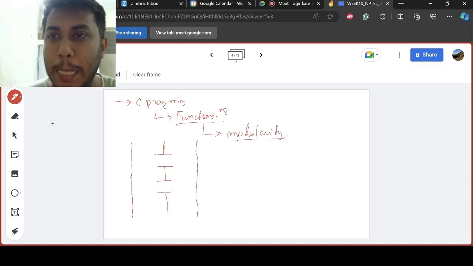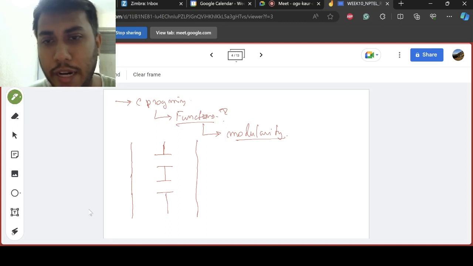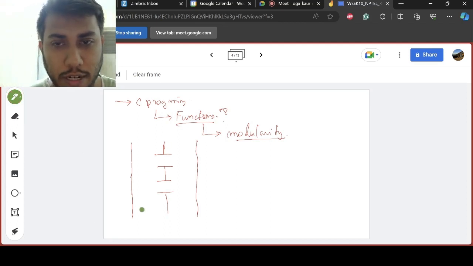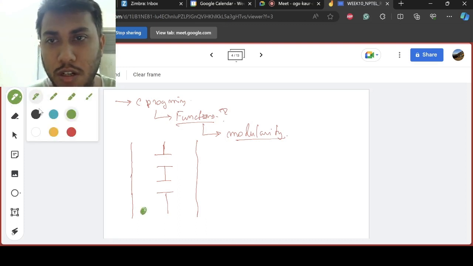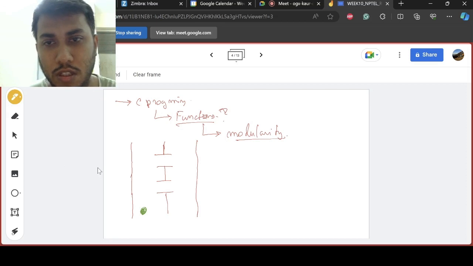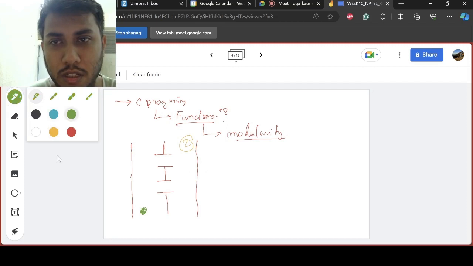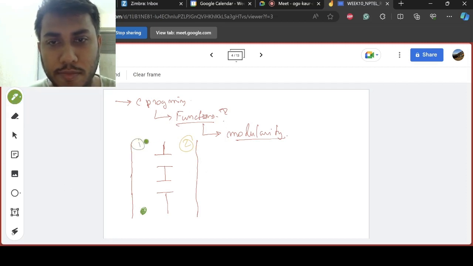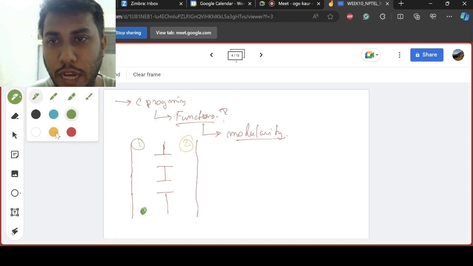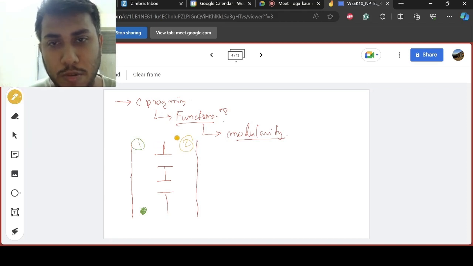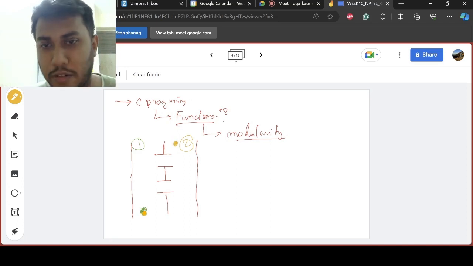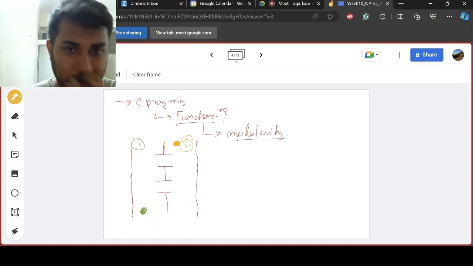Suppose you are currently here, and your task is to go. So this is room 2, and this is room 1. So your task is to go here. This is where currently you are. Your task is to go here, right?